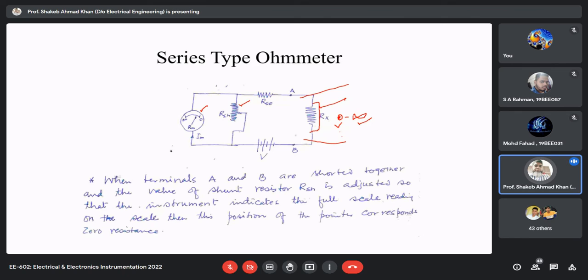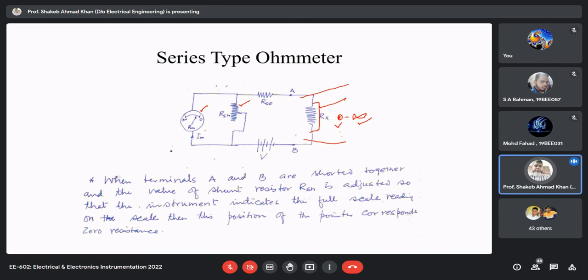Or the shunt resistance may be less than required. In that case, under short circuit condition, when your input terminals are shorted, if the shunt resistance is less than the proper value, then under maximum current condition you won't get the full scale deflection.